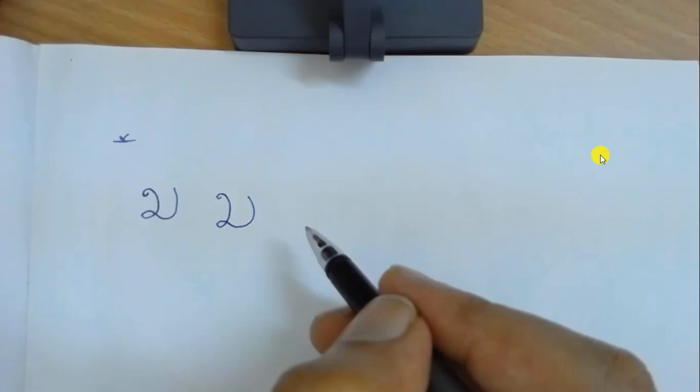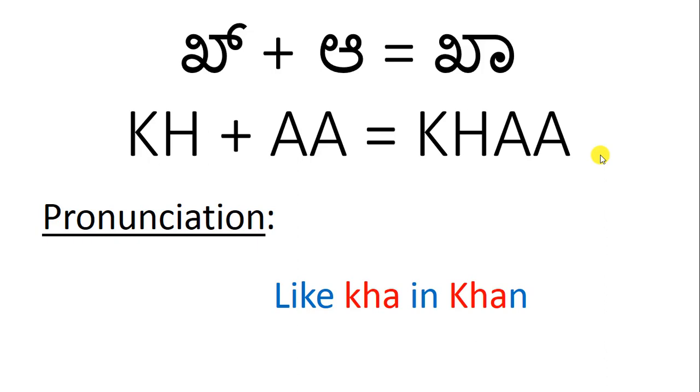The next sound is Kha. The way you get Kha is by adding a to Kh. Kh plus a equals Kha. And the way you pronounce it is like Kha in Khan.